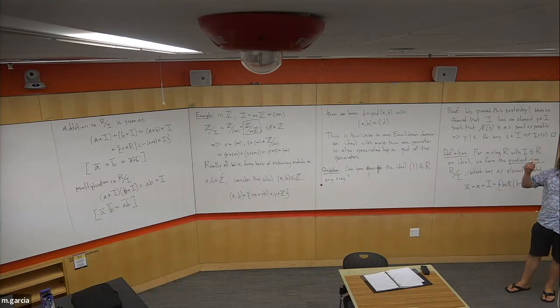What if I take 1 as a generator of an ideal in a ring R, any ring?